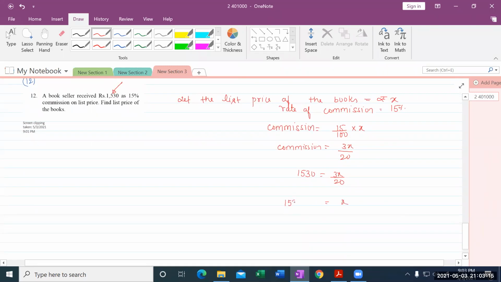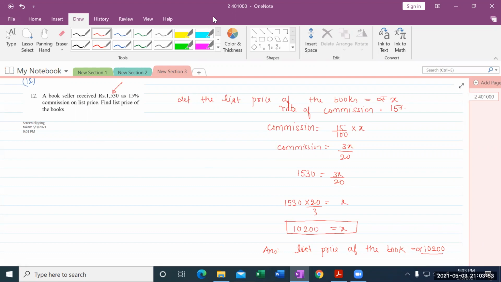So X is equal to 1530 into 20 by 3. So you will get the value as 10,200. So the answer: the list price of the book is 10,200. Okay, cleared?